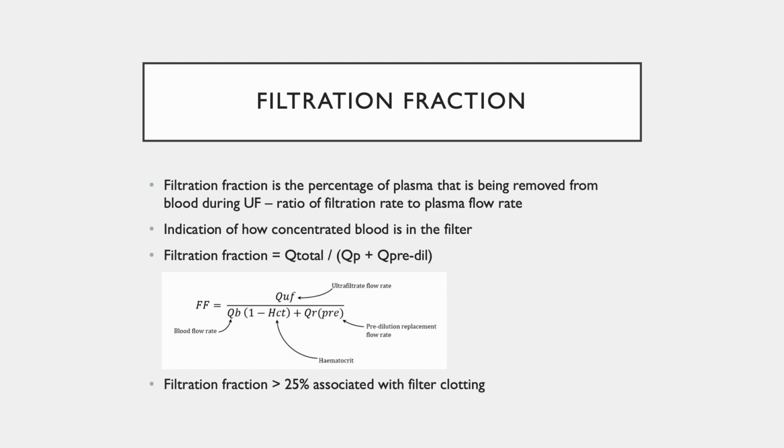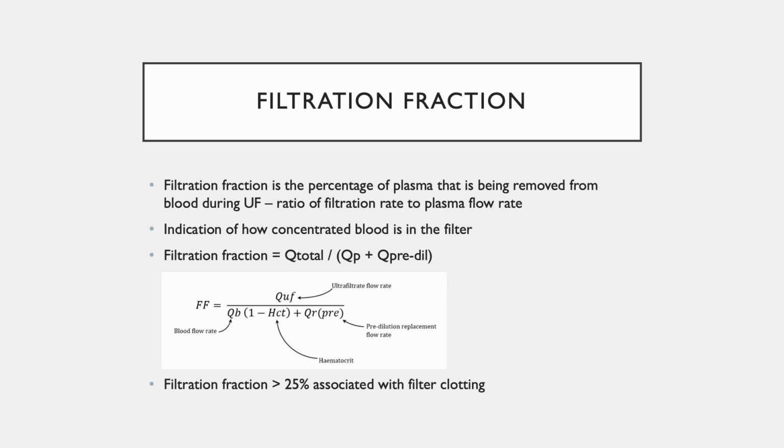So numerically, this is basically the total UF, which will be your pre-filter, post-filter, and your net UF added together, divided by the blood flow rate times 1 minus hematocrit, plus the pre-filter replacement flow rate.